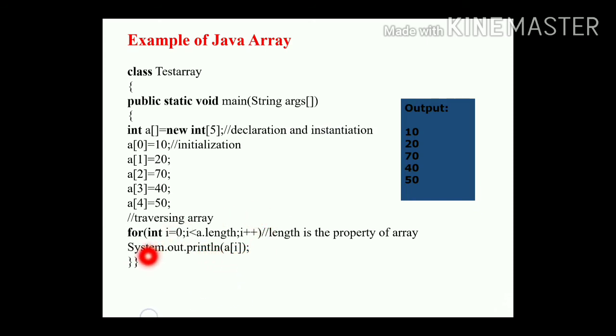Then the closing brace of main and the closing brace for the class. The output for this is 10, 20, 70, 40, 50. Whatever values we pass at the indexes will be the output for the array elements. This is the single-dimensional array example.